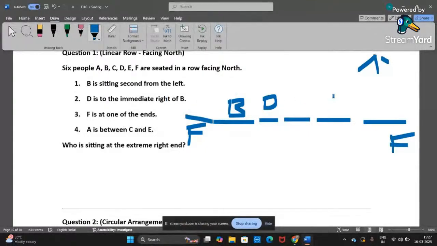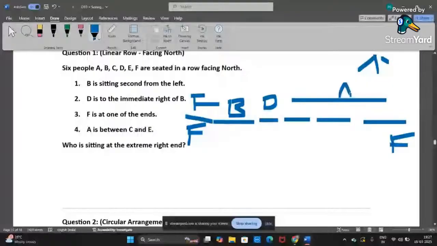A is between C and E. That means three alphabets should be placed here, so that F will be placed at the end, and the three alphabets will be A between C and E. Right?